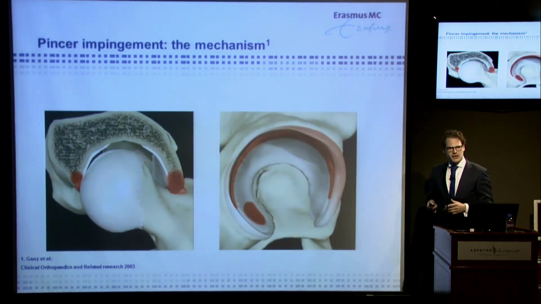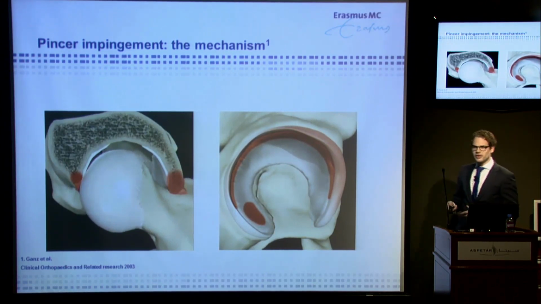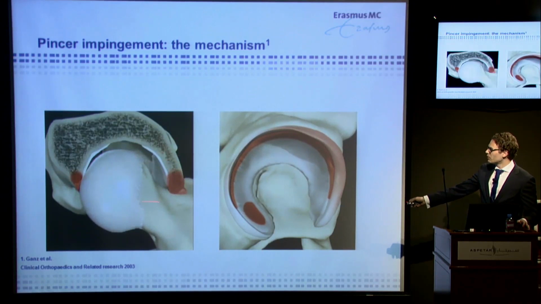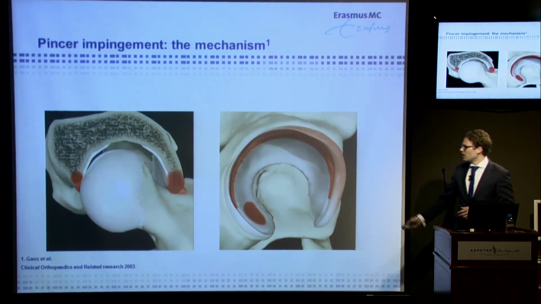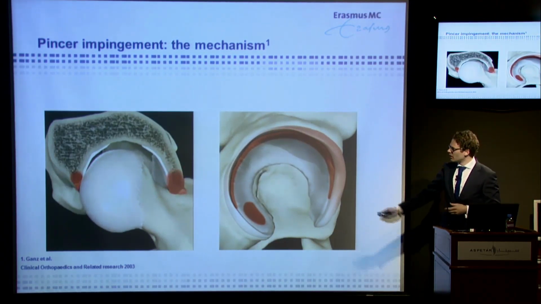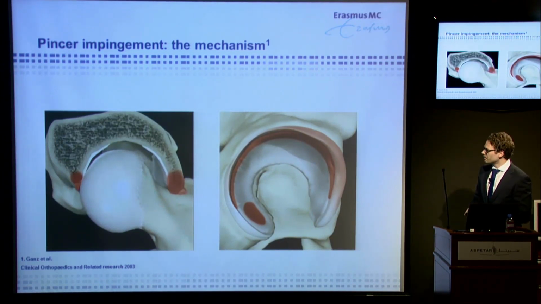And what is the mechanism by which a pincer deformity might lead to intra-articular hip damage? Well, the pincer deformity is basically an overcoverage relative to the femoral head, mostly located on the anterior side of the acetabulum, which means that during hip flexion, the femoral neck can abut against the acetabular rim.